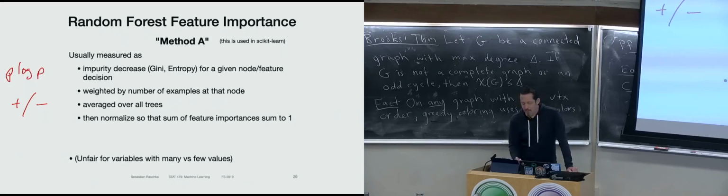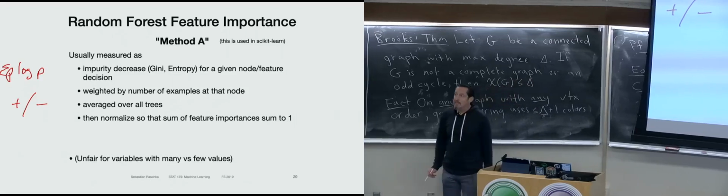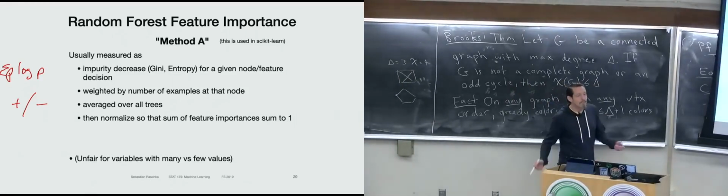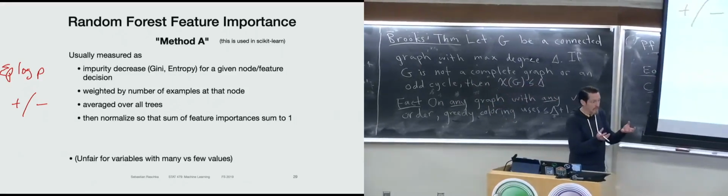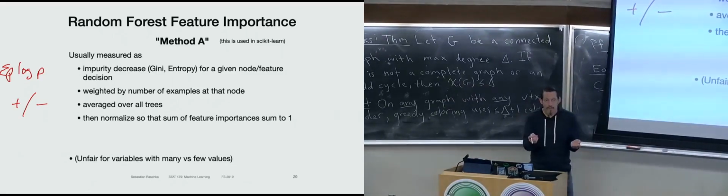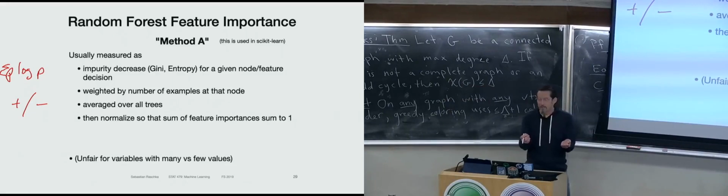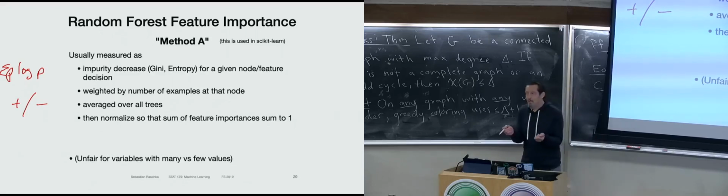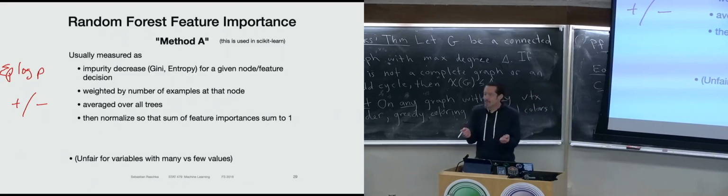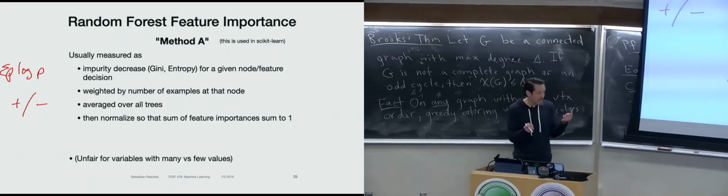Summing that up over all possibilities of class. So if you have a 50-50 situation, a perfectly fair coin, what's the information contained in a single flip of the coin? If you don't remember, it's 1. It's 1 bit of information.